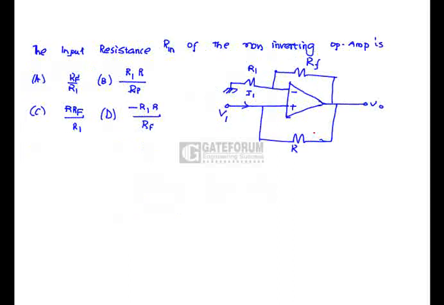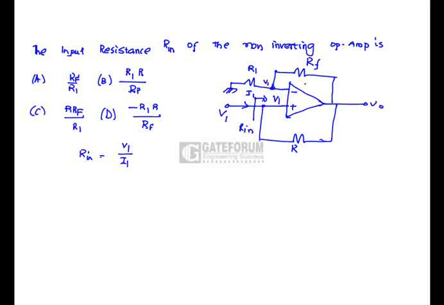Resistance of a non-inverting op amp is... Here, Rin is nothing but this. So, Rin is equal to V1 by I1. Here, this node potential is V1.